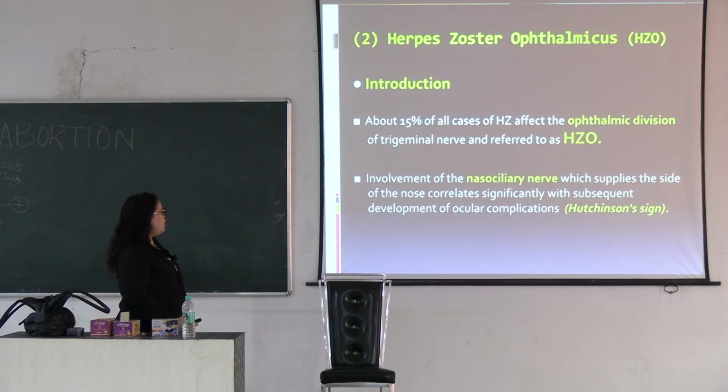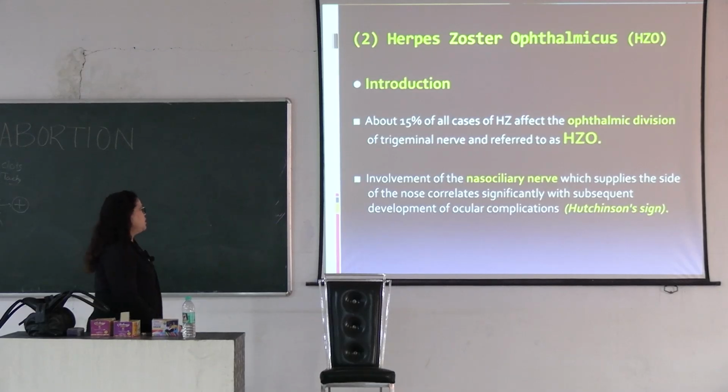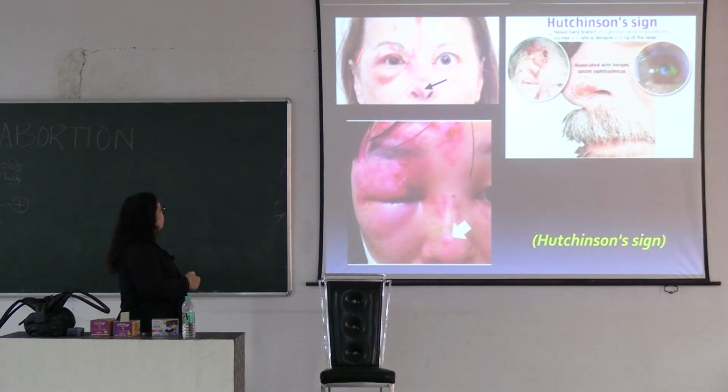It also involves the nasociliary nerve, which supplies the side of the nose and the tip of the nose, and subsequently there is involvement of the skin as well as the eyes. That sign is called Hutchinson sign. Here there is involvement of the eye, and it is only unilateral.